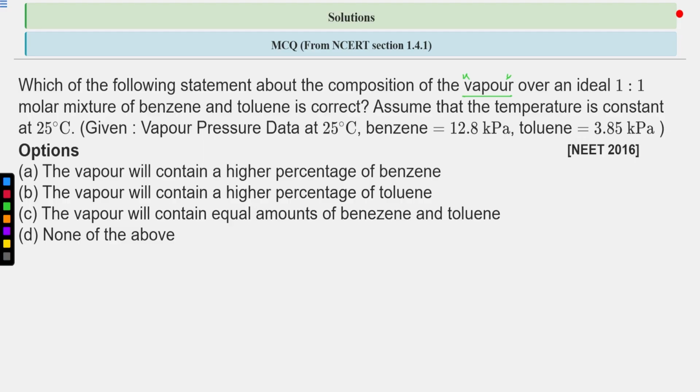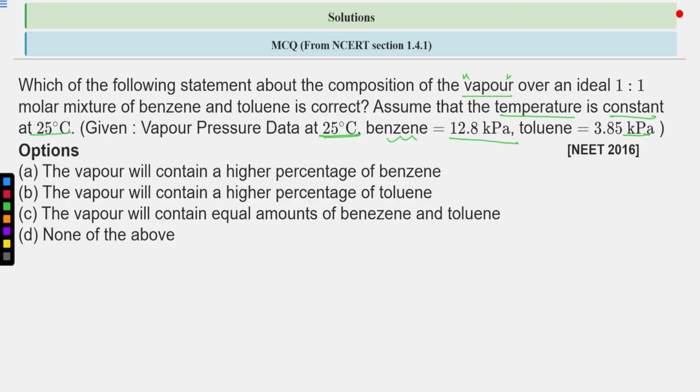So assume that the temperature is constant at 25 degrees Celsius, and the vapor pressure data at 25 degrees Celsius for benzene is 12.8 kilopascal, and for toluene it is 3.85 kilopascal. So this question was asked in the NEET examination in 2016.